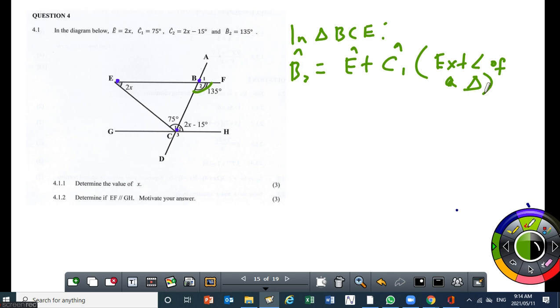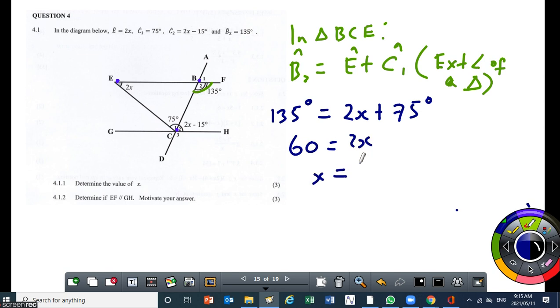All right, so B2 is 135. So put my 135 degrees, it's equal to angle E, that's 2x, plus C1, that's 75 degrees. Then, if I subtract 75 from 135, I'll get 60. So my x is going to be 30 degrees.